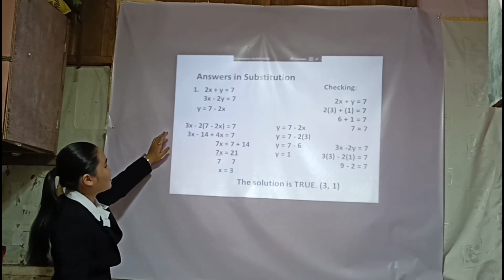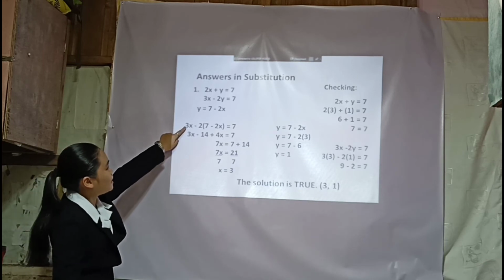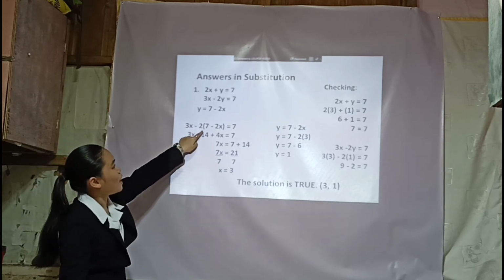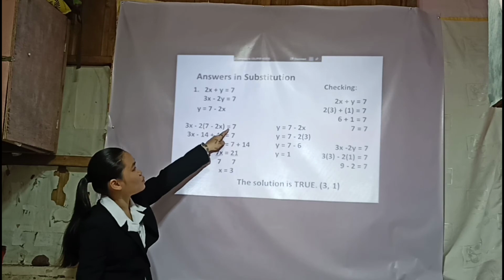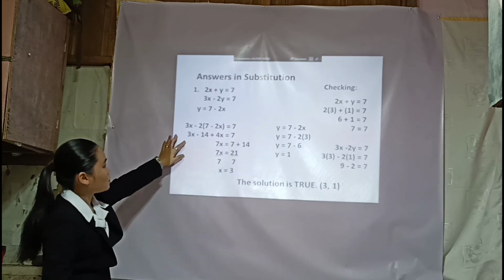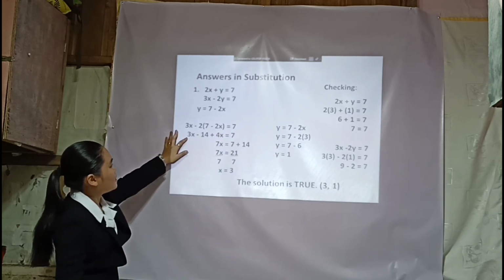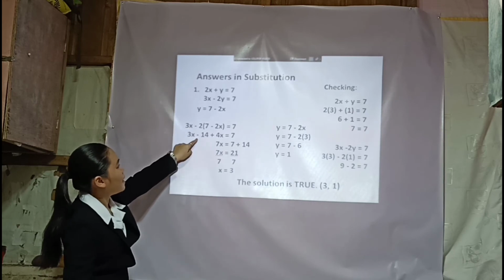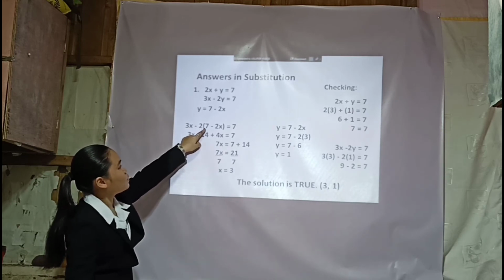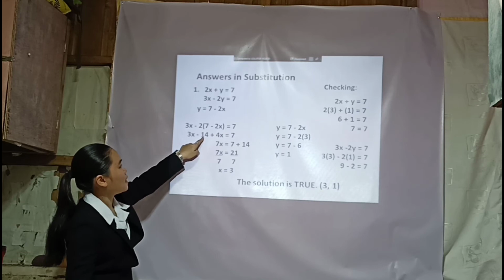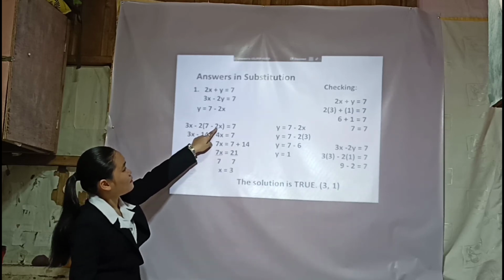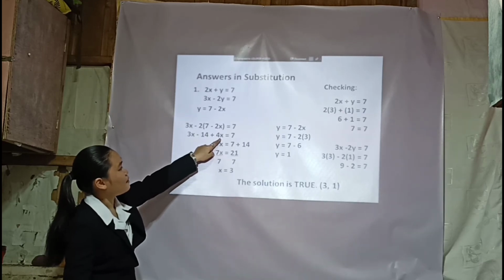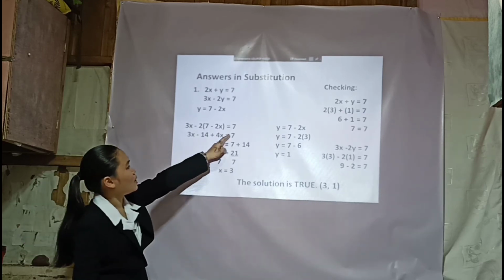So, let's solve for x. 3x minus 2y. Substitute the value of y, which is 7 minus 2x. That equals 7. So, 3x minus 2 times 7 equals negative 14. Negative 2 times negative 2x equals positive 4x equals 7.